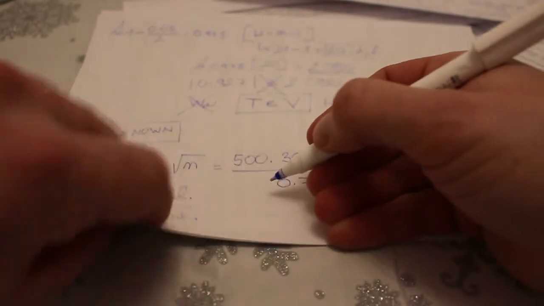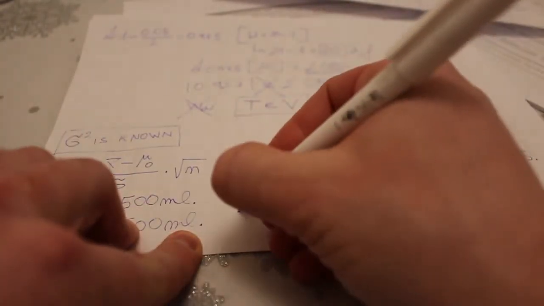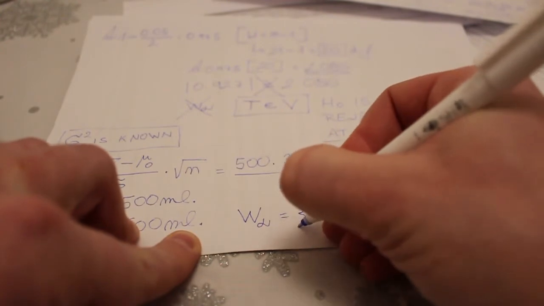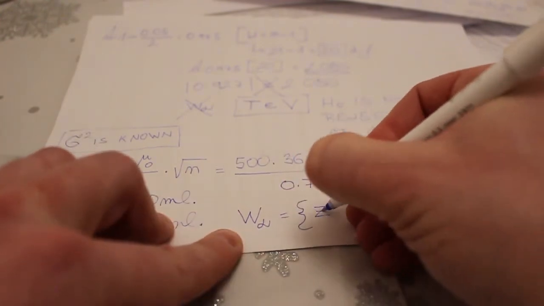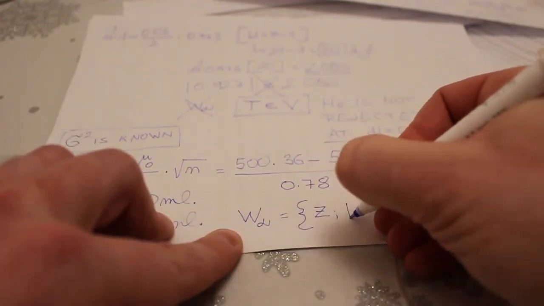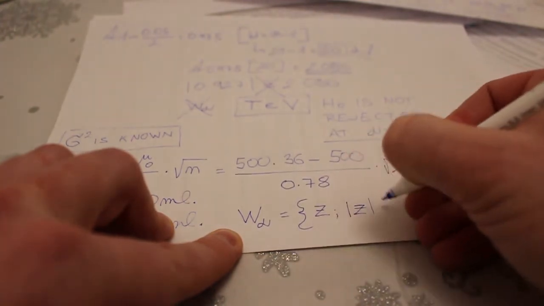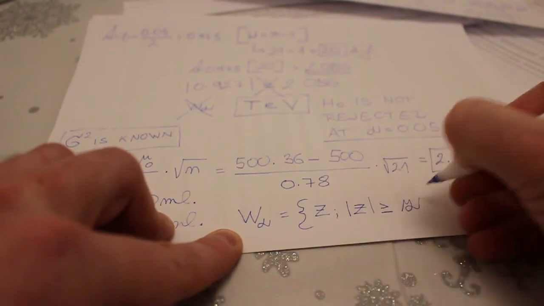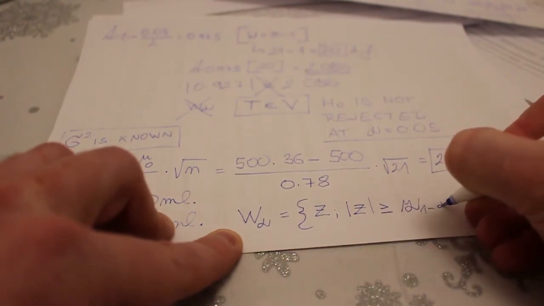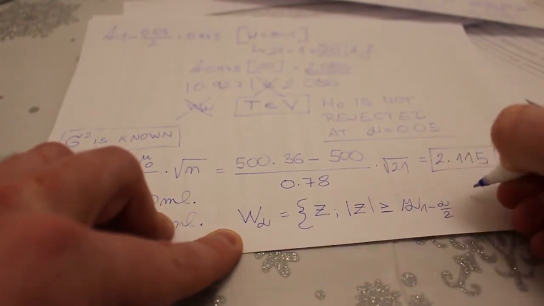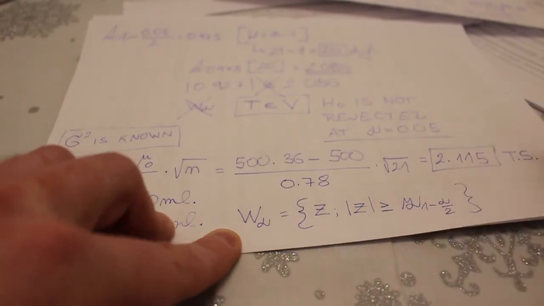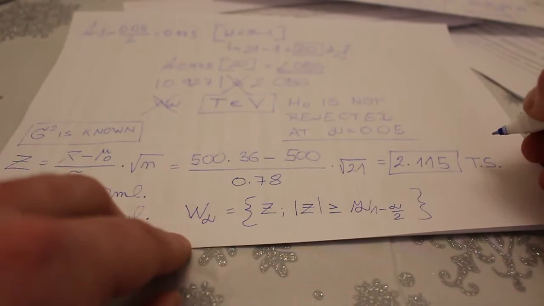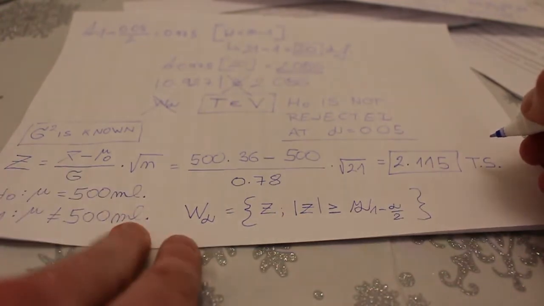We will rewrite this one. W alpha is equal to, for the Z statistic, valid if the absolute value of Z is higher or equal to the quantile Z 1 minus alpha divided by 2 from the tables, then we entered the rejection region and we must reject the null hypothesis.